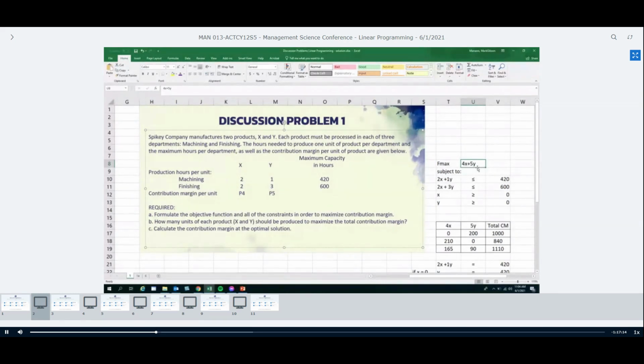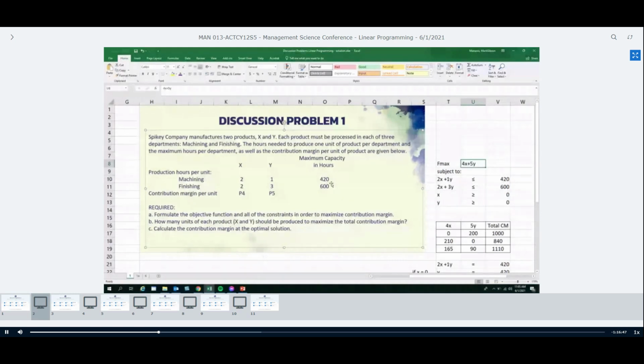Okay? So what are the constraints naman? Una, sa machining. Sa machining, we only have 420 hours and that's the maximum capacity.